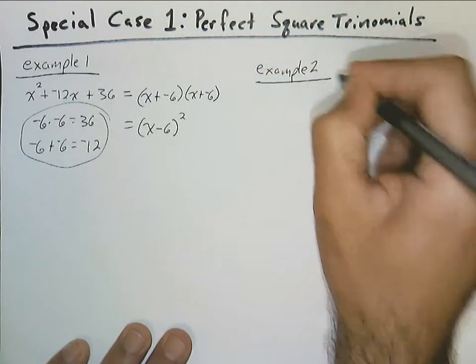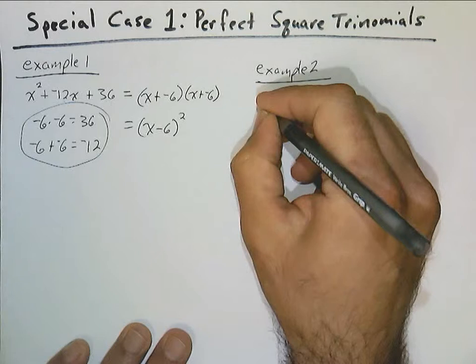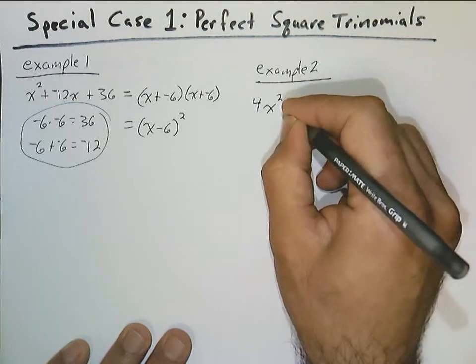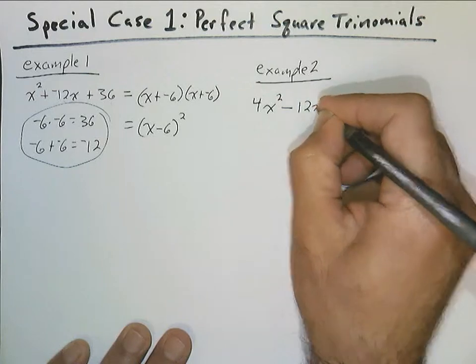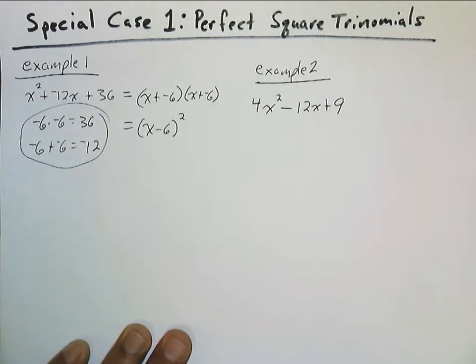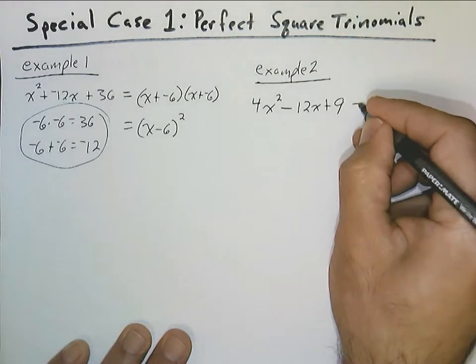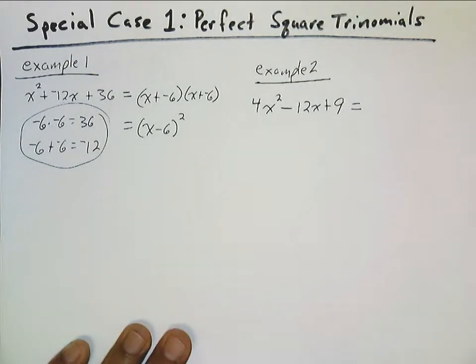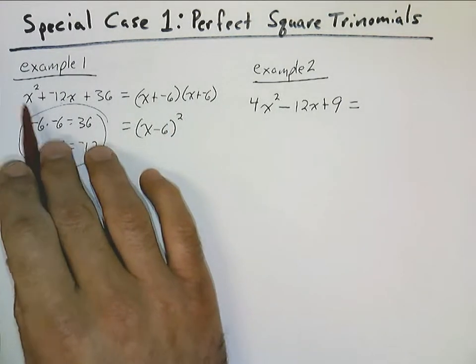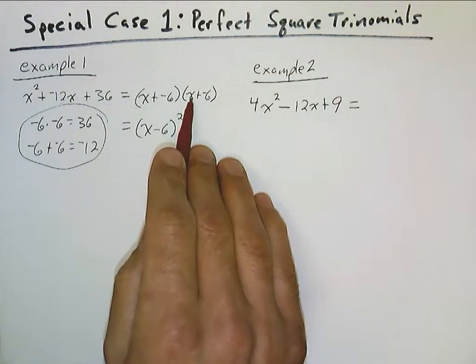Example 2. Let's suppose we have something that looks like this: 4x squared minus 12x plus 9. And we want to factor that. Now notice here, in example 1, the x squared came from this x times this x.